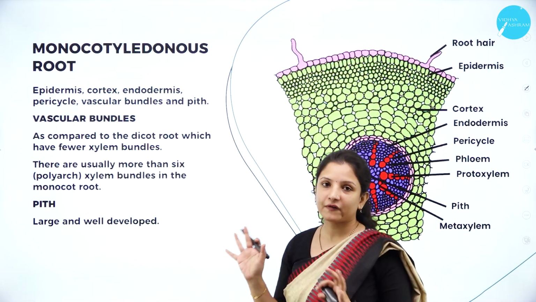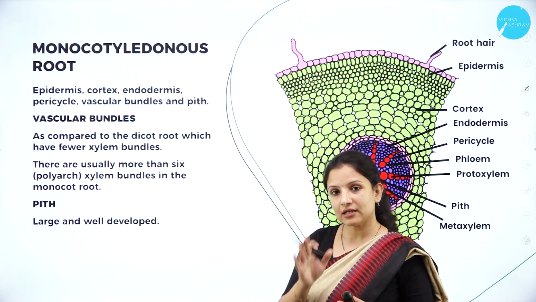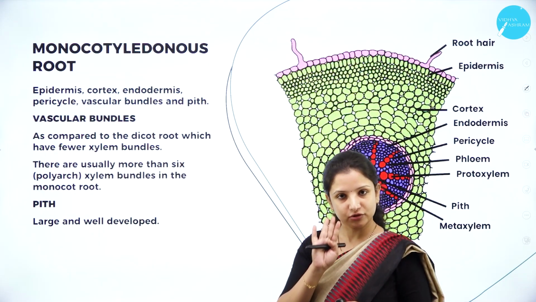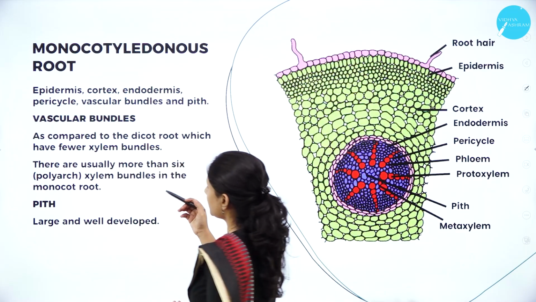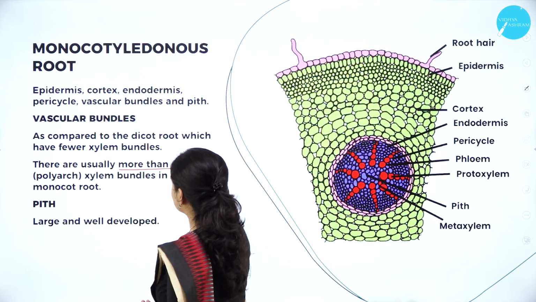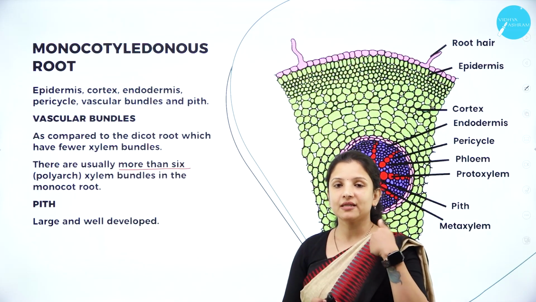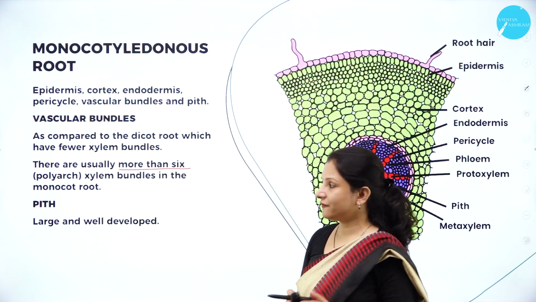There are differences in the vascular bundle. If you remember, previously I told you that in the dicot root they have 4 patches of xylem and 4 patches of phloem. But in the monocot root they have more than 6, that is, the polyarch condition is seen here. Poly meaning many, so many patches of xylem and phloem are present.